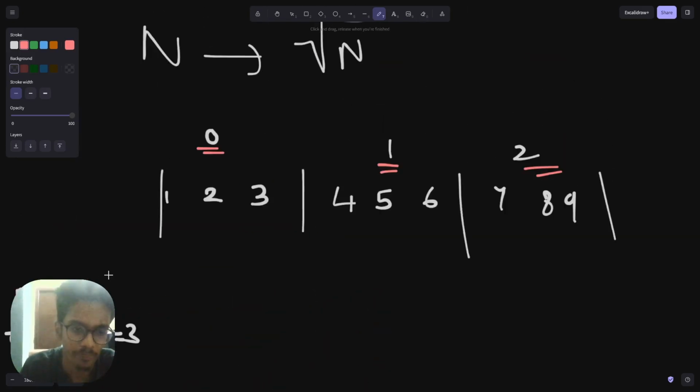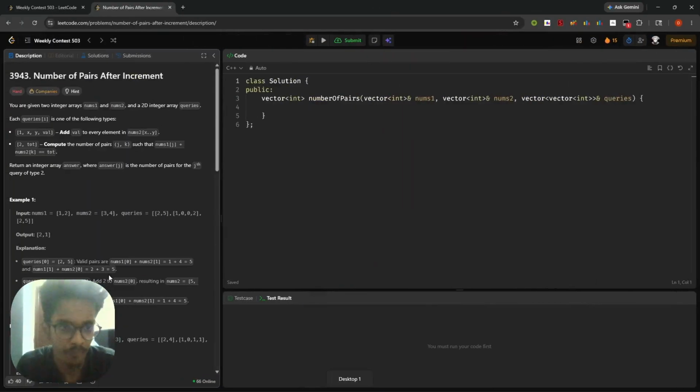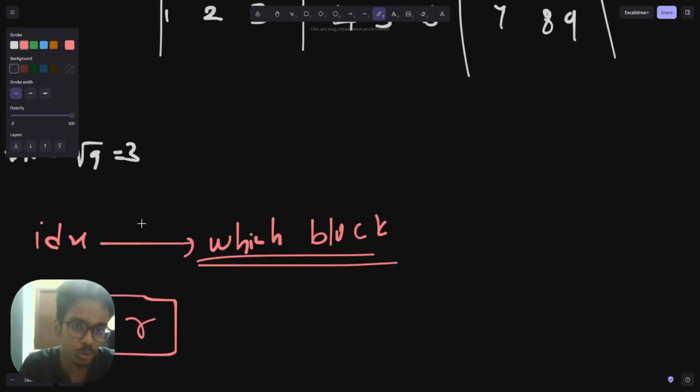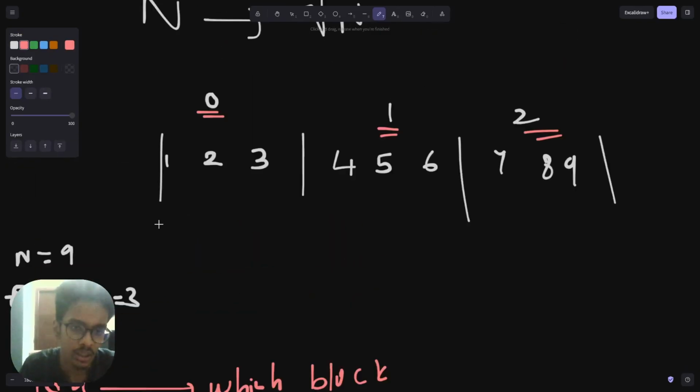a very simple thing, not as complex as the question. You are asked to compute the sum from L to R. Let's say L is given as 0 and R is given as 2. You will be storing the sum of these blocks.